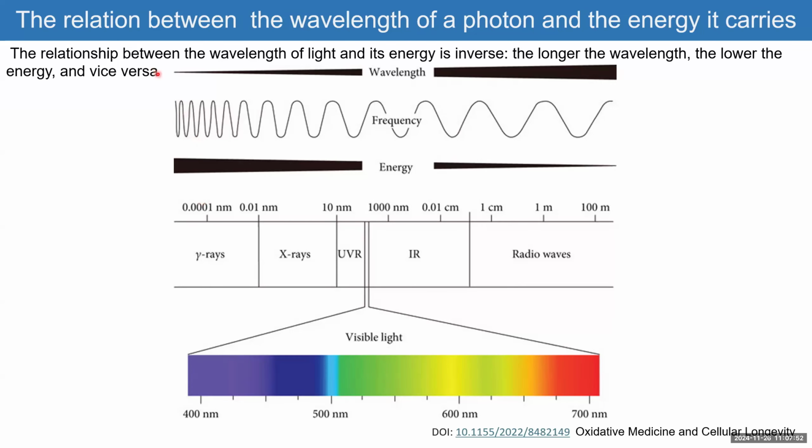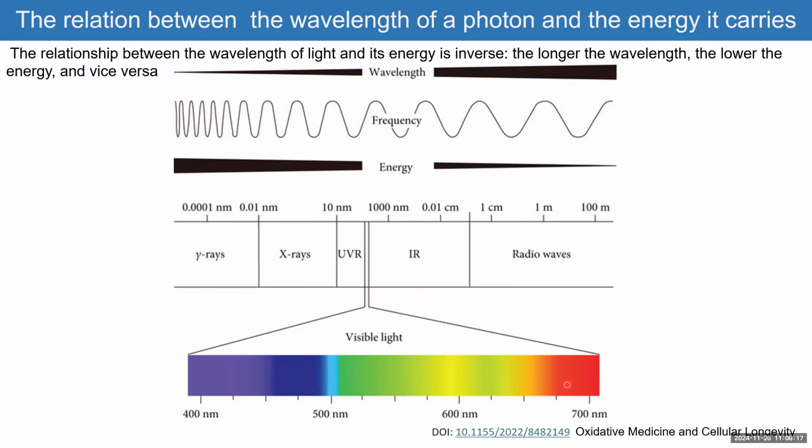So first of all, on top here you have the wavelength, and on the bottom you have the visible light range. You can see that our eyes are equipped to see between 400 nanometers and 700 nanometers, from the violet toward the red, passing through the blue, the green and the yellow.